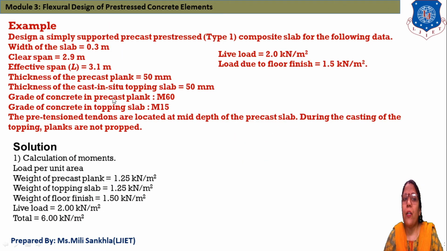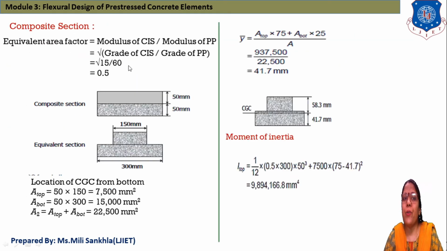Grade of concrete in the precast plank is given as M60 and in the topping slab as M50. Simply we take the square root ratio, 15 divided by 60, and this ratio is 0.5.